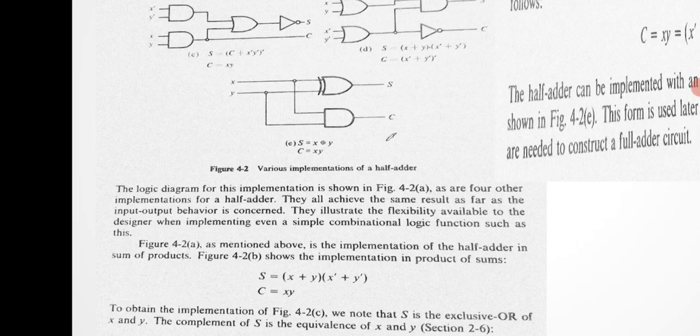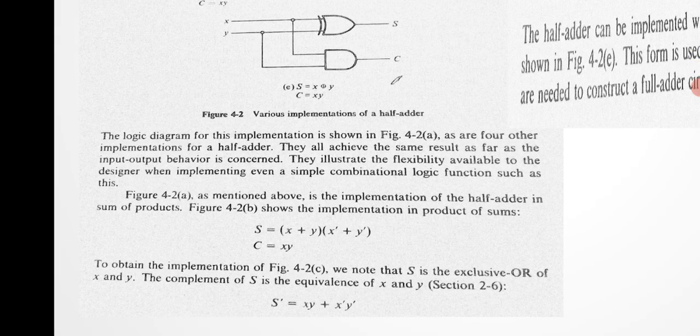Now the explanation: you can see the logic diagram for this implementation is shown in 4.2a. So, as are the 4 other implementations for a half adder, they all achieve the same result as far as the input output behavior is concerned.